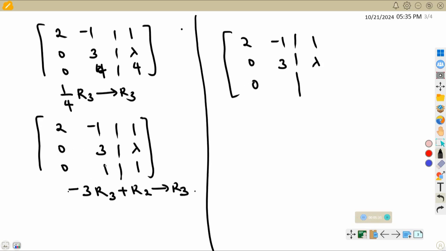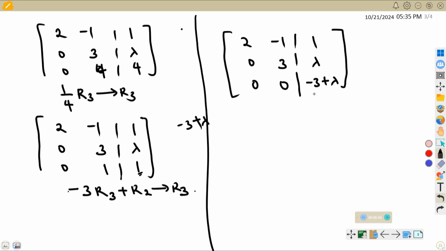Negative 3 times 1, it will be negative 3, plus 3, it will be 0 here. Then negative 3 times 1, which is negative 3, plus row 2 is lambda, so we shall have here negative 3 plus lambda. So we shall have this.